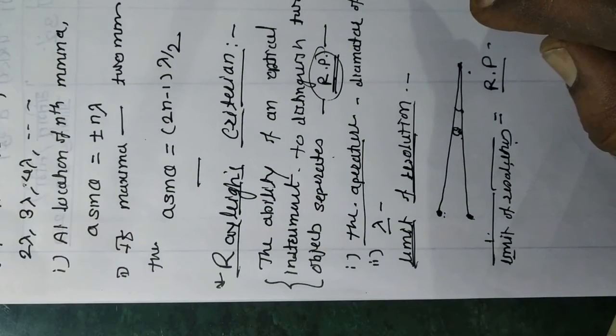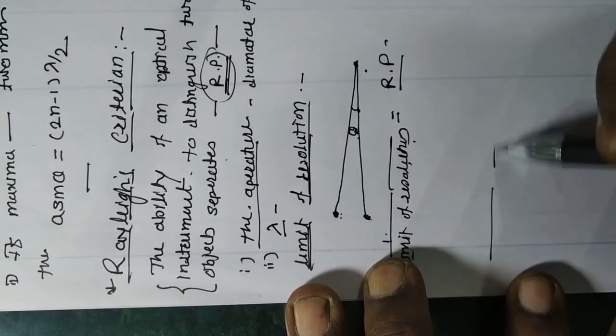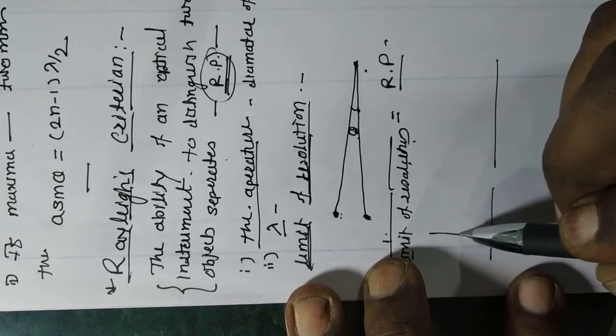According to Rayleigh, suppose this one is one object.